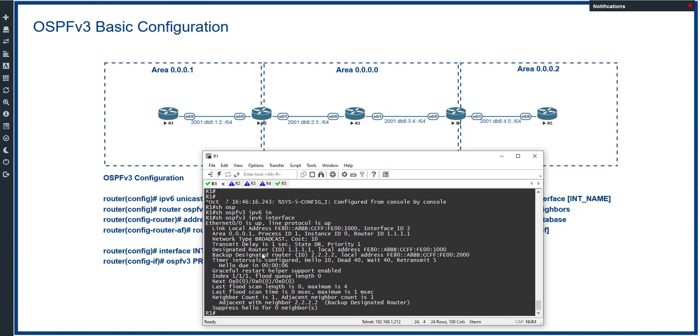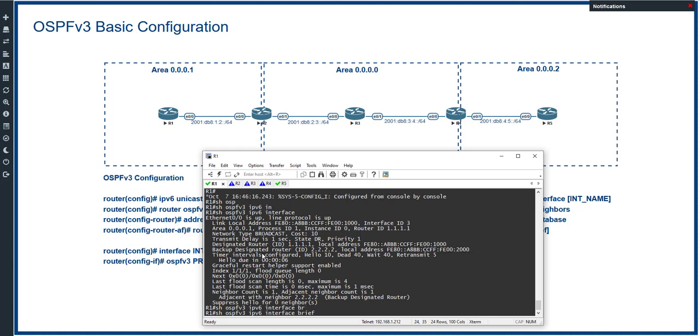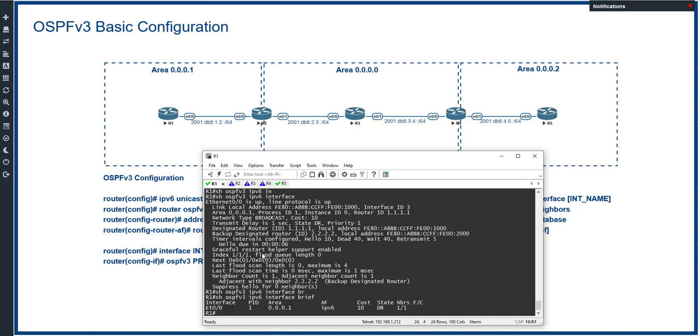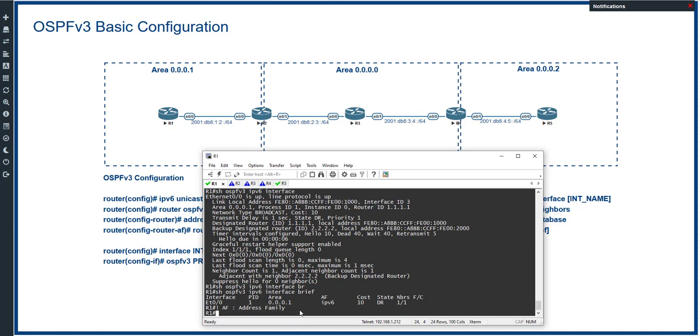Because of that, it is recommended to use some keywords such as brief: show OSPF IPv6 interface brief, or show OSPFv3 IPv6 interface brief. Here, as you can see, interface ETH00 is a member of process 1 and also area 1, address family or AF. AF is the abbreviation of address family, because maybe we are routing IPv4. Here, the address family includes IPv6 routing, and the cost is 10.